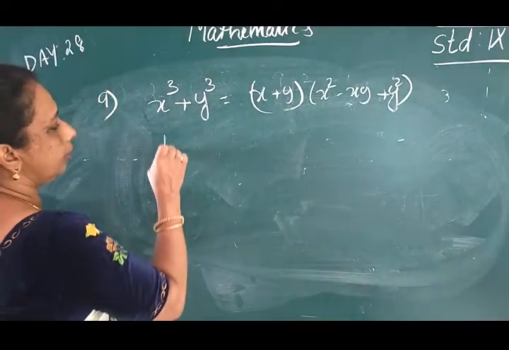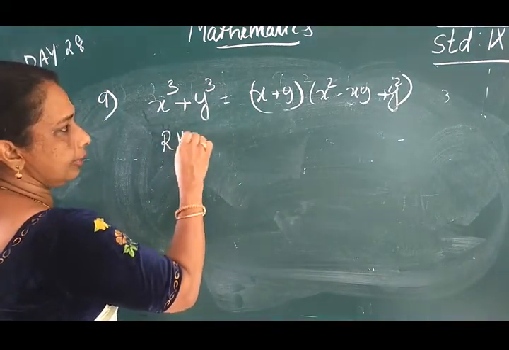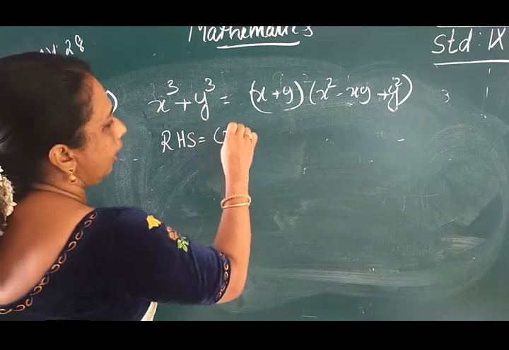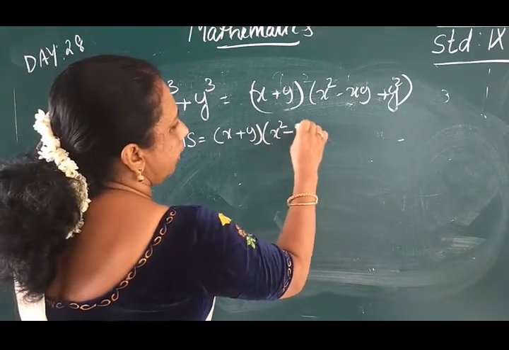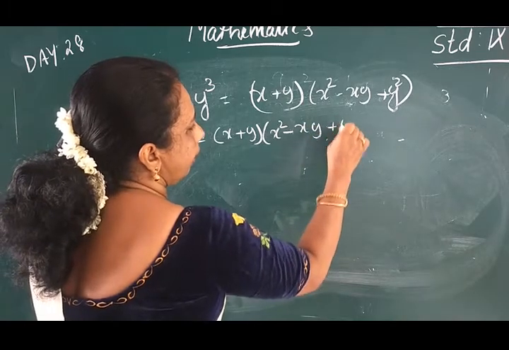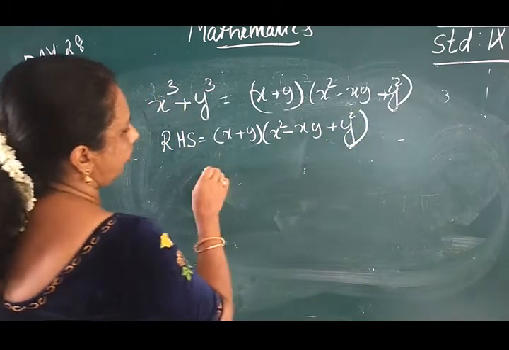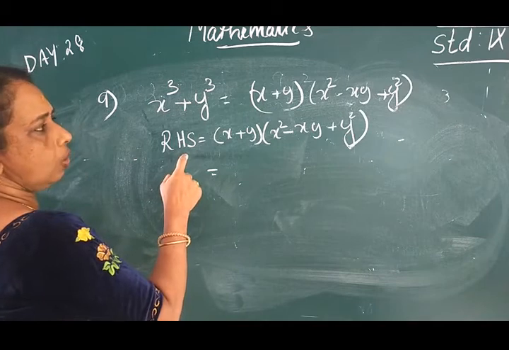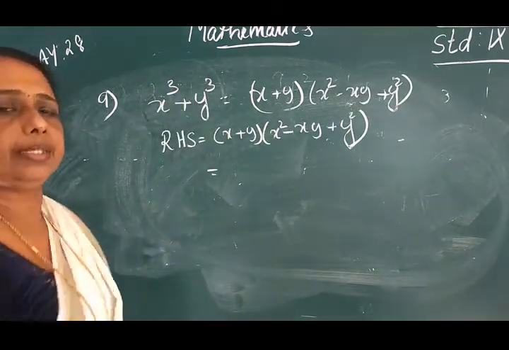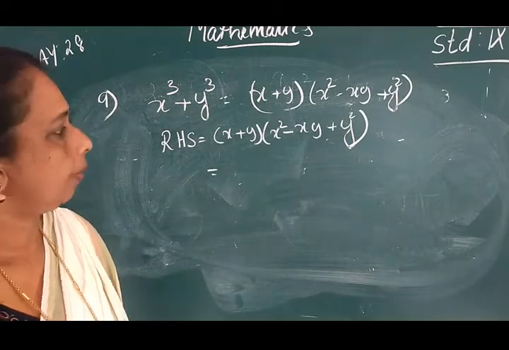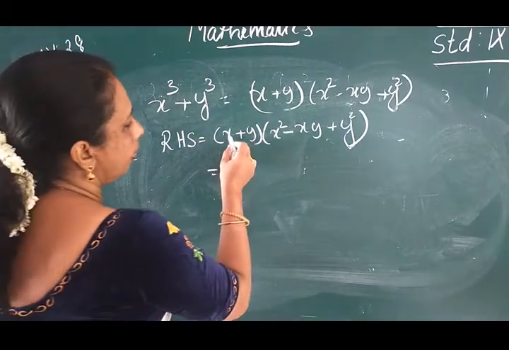RHS is equal to x plus y into x square minus xy plus y square. We have to prove that this is equal to x cube plus y cube. Hence it is verified. Change the bracket.